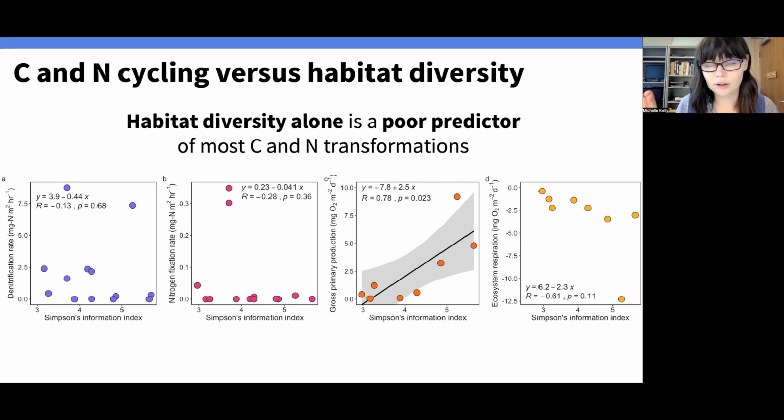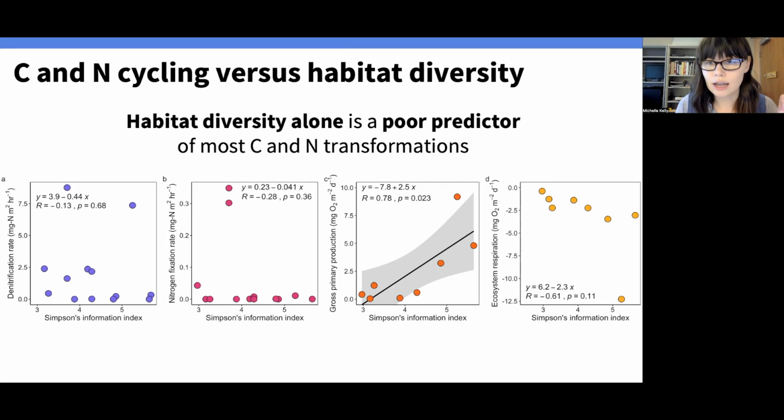In general, we see that habitat diversity on its own is not a very good linear predictor of most carbon and nitrogen transformations, with the exception of gross primary production, which increases as diversity increases. In general, we find that these relationships aren't linear. They're probably caused by a combination of factors and not just one predictor alone.